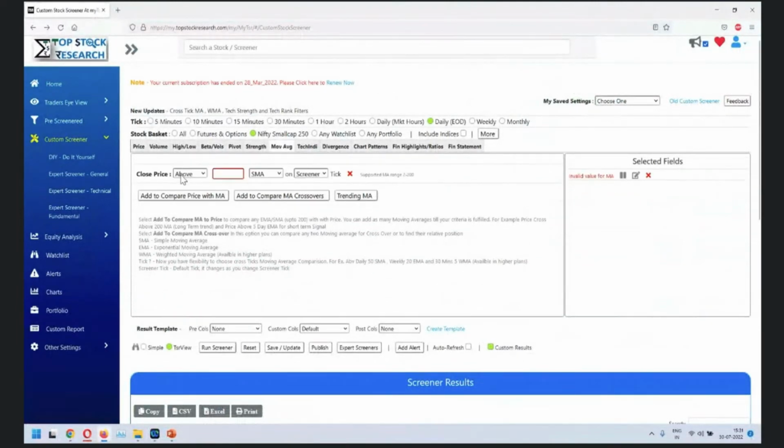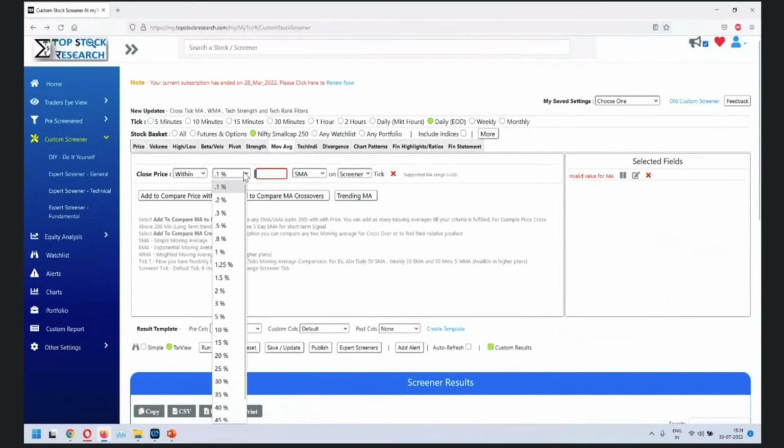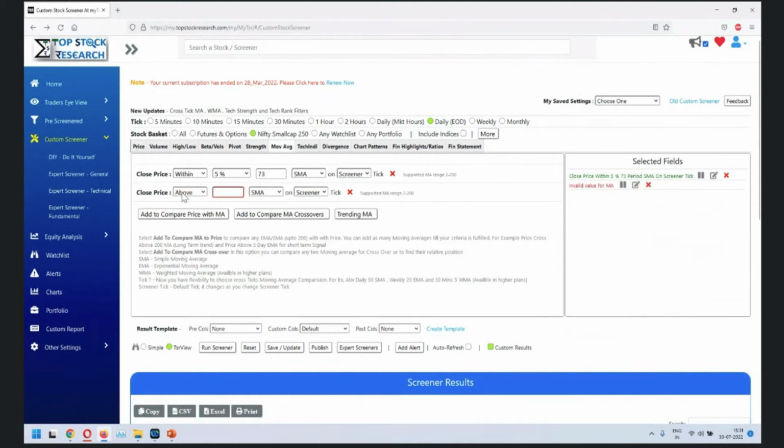Price within 5% of 73 and price within 5% of, I mean, does it make sense or not? I don't know. But the idea is to give you more exposure to the product.